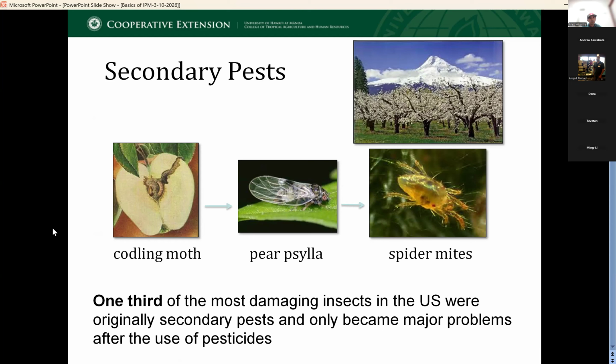When we eliminated the one that we thought was causing us the most issues, by eliminating that force, the secondary one had now the space and time to thrive and become a bigger dominant issue. So 1/3 of the most damaging insects in the US were originally secondary pests and only became major problems because of the use of the pesticides.